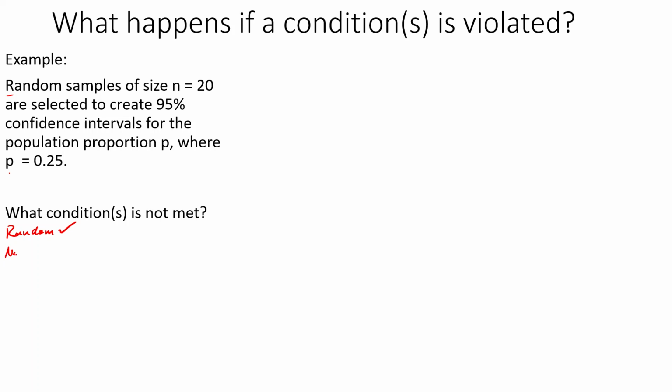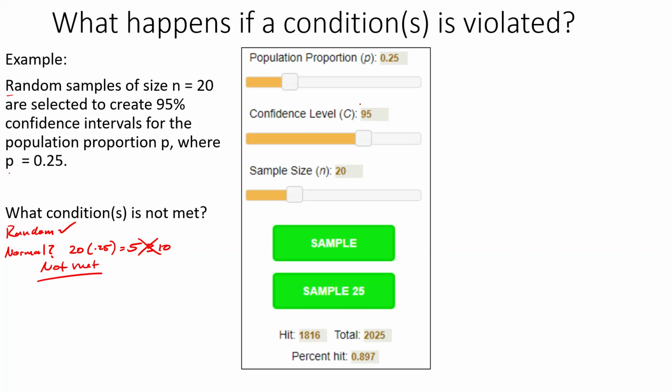All right, what about the normal condition, the large counts? Well, n times p, 20 times 0.25 is, well, 1/4 of 20 is 5, which is not greater than or equal to 10. So that's the condition that's not met. The normal condition.